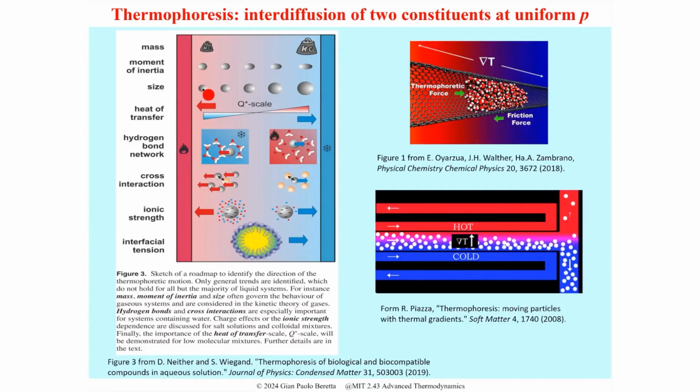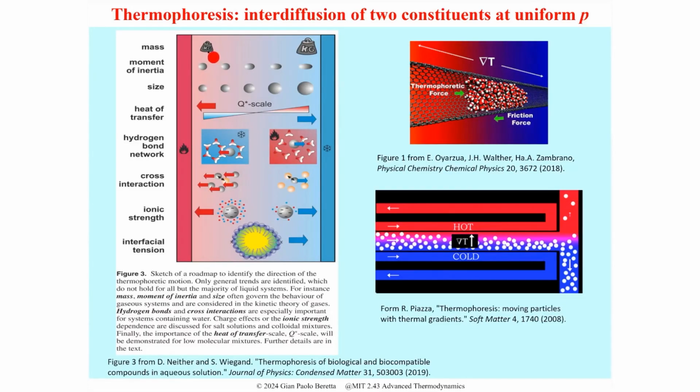In part, that is due to the size of the particles. And so this nice article that summarizes thermophoretic mechanisms shows that there are many other mechanisms that drive the Soret effect, that control the Soret effect.